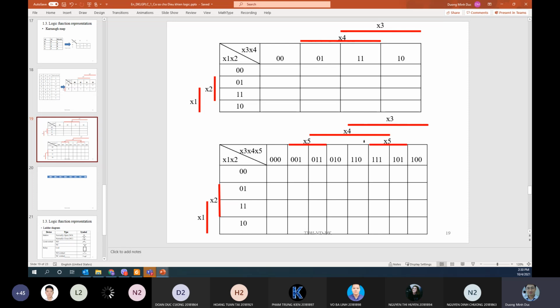For more than 5 variables, it's not convenient anymore. So usually the Karnaugh map is only used for up to 5 variables, and in the examination and exercises, I only give you questions with up to 5 variables. Okay?